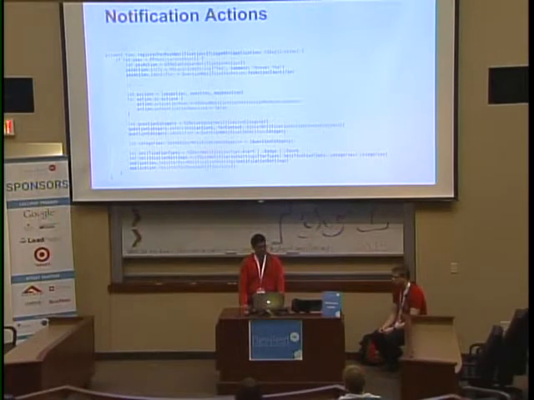I've got a snippet of the code I have to set up these actions, and the breakdown of this is just creating an action, creating a category, and saying, when a notification of this type comes in, I want you to show these actions, and then registering for notifications the same way that one normally does for actionless notifications.